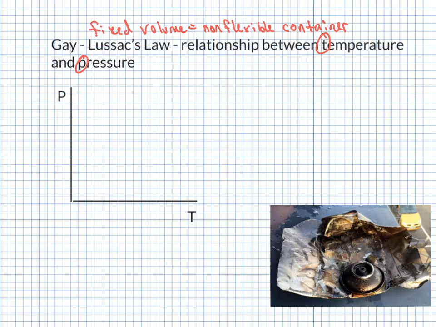So this image down here in the bottom right, this is what happens to an aerosol can when you throw it in the fire. On all those cans, there's giant warnings that say do not put this container in a fire. It says warning, and it's not necessarily talking about that it's flammable.